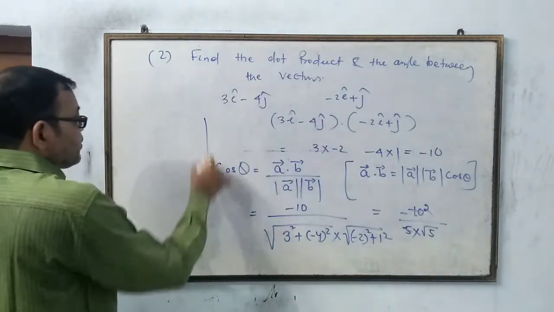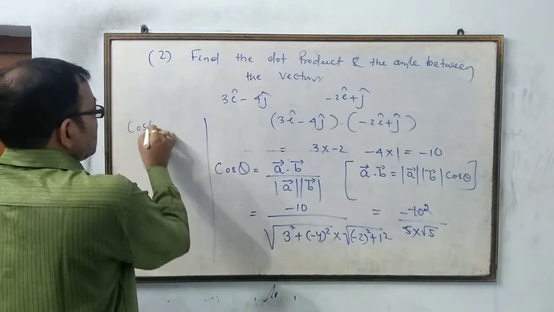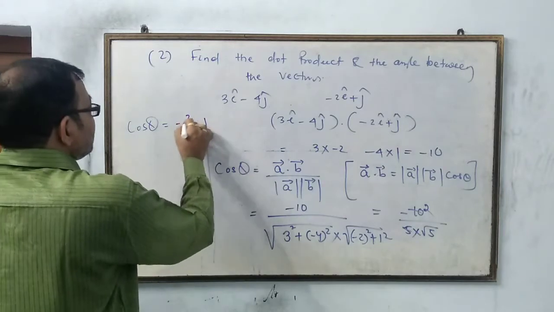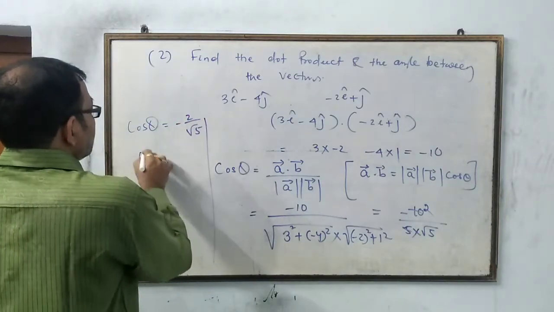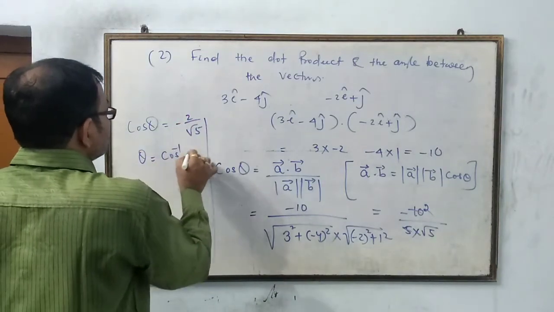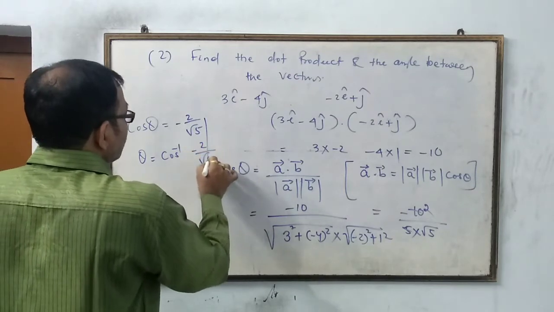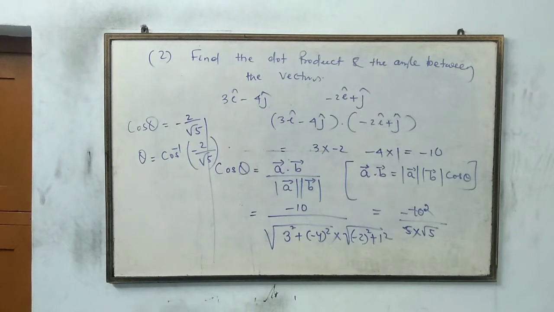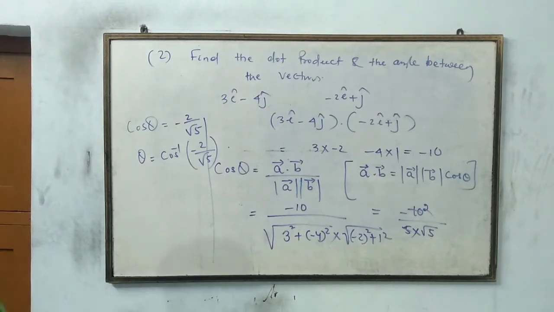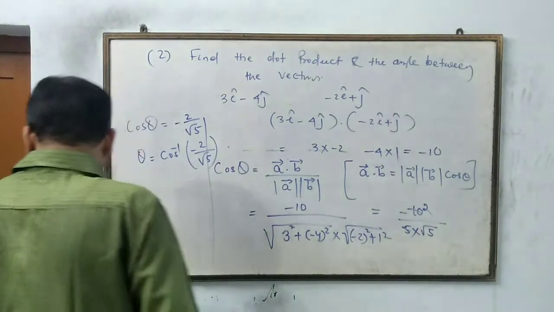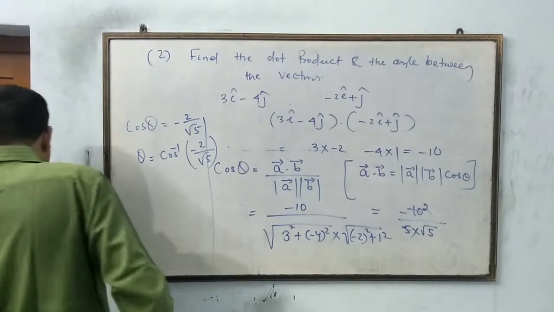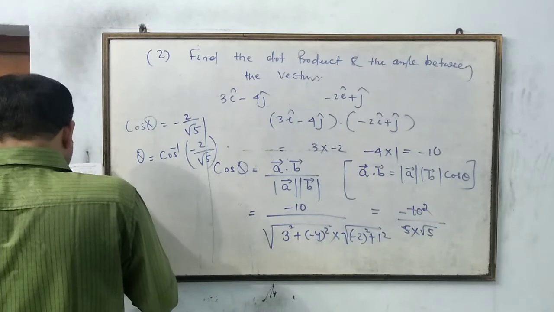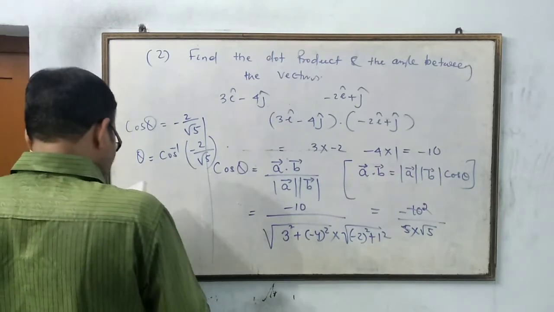Therefore cos theta equals minus 2 upon root 5, and theta equals cosine inverse of minus 2 upon root 5. In this way you can do another question. Another question is there; you can proceed in the same way.